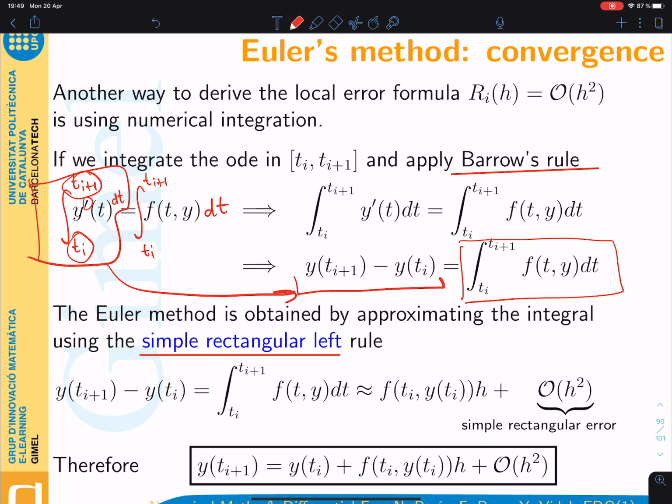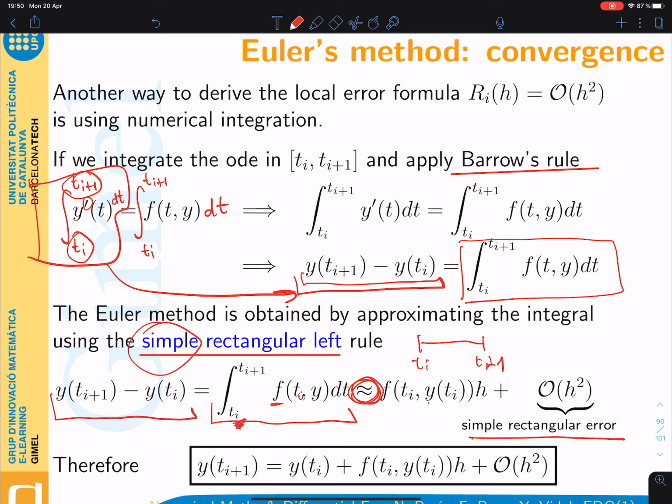So here, the left-hand side remains exactly the same, and the right-hand side, instead of this integral, we are approximating that integral using the simple rectangular rule, which is to evaluate the function at the left end of the integral, okay? So between ti and ti plus 1, I'm just using a simple one-interval rectangular rule. So I'm just evaluating the function at ti and y of ti.